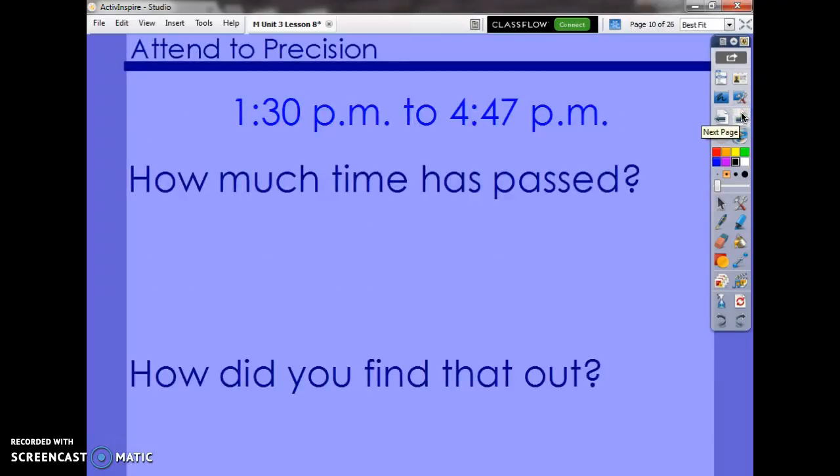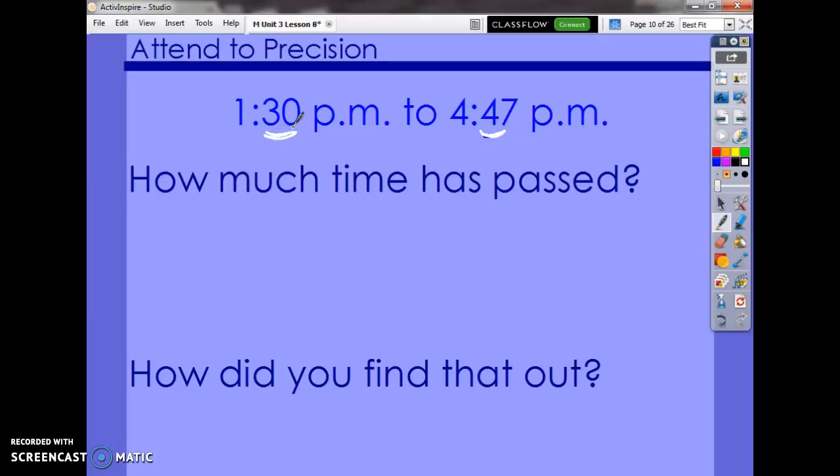So looking at this, we're going from 1:30 p.m. to 4:47 p.m. How much time has passed? And how did you find that out? When we begin looking at elapsed time, we want to first look at our minutes. We see 47 minutes and 30 minutes, which is really nice for us because we can just subtract our minutes.